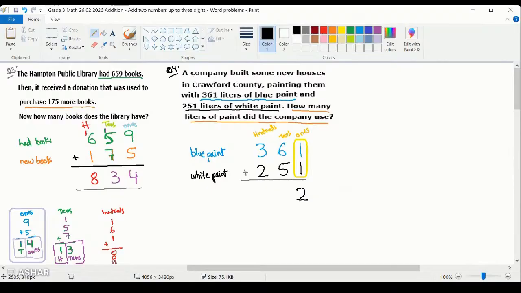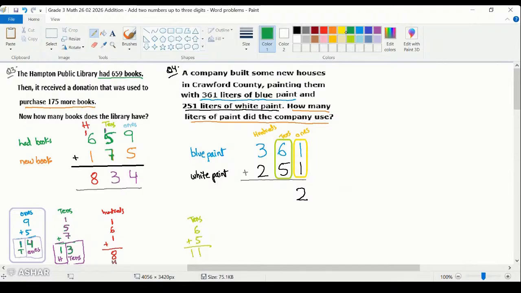And how many tens were there? If we need to add the tens, how many tens? 6 plus 5, right? There were 6 plus 5 tens. Let's add them on the side. 6 plus 5 means 11 tens, right?